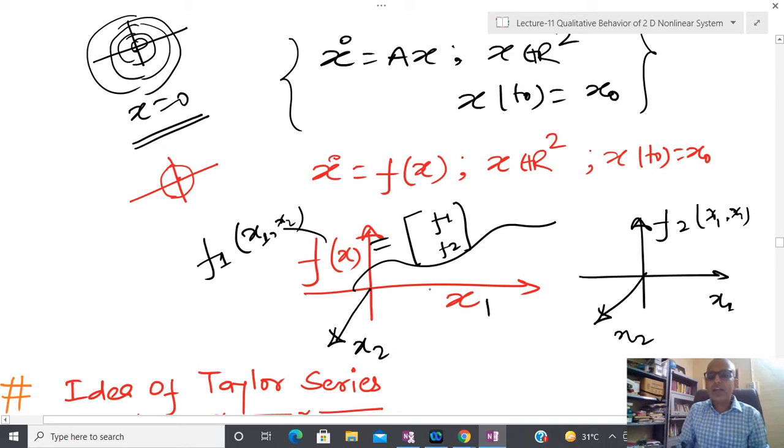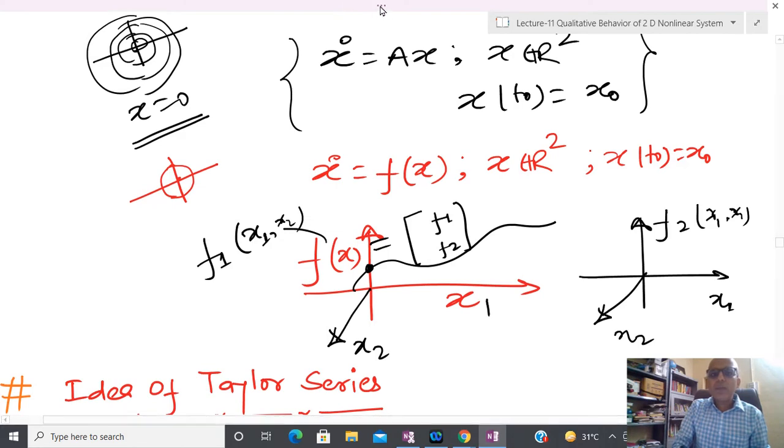It is possible to show that one can approximate any continuously differentiable function, or represent it in some other coordinate frame. Here the coordinate frame is x1, x2, and using a three-dimensional coordinate frame we are representing the graph between x1, x2 and f(x1, x2).